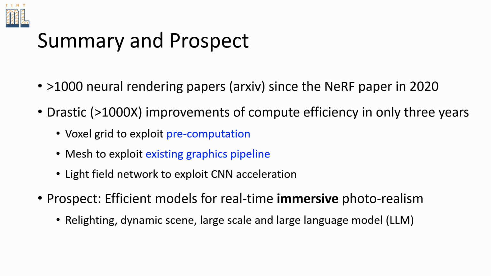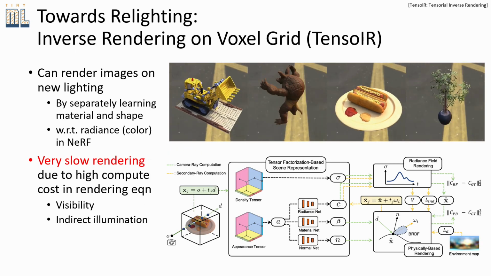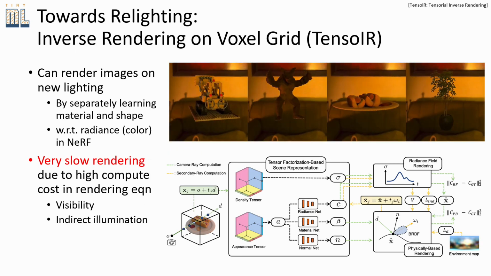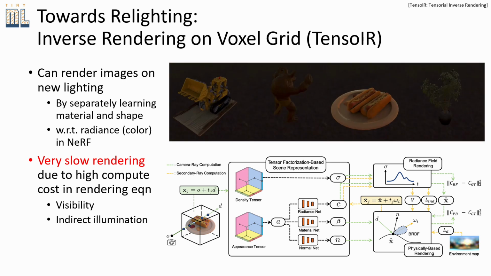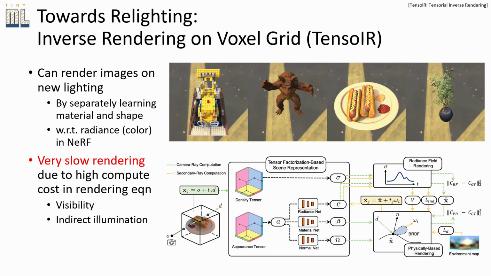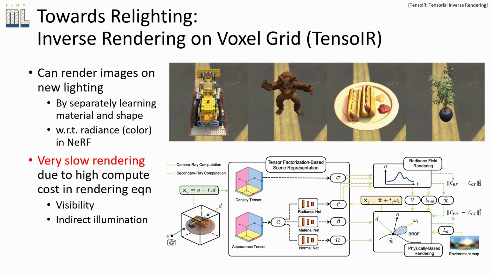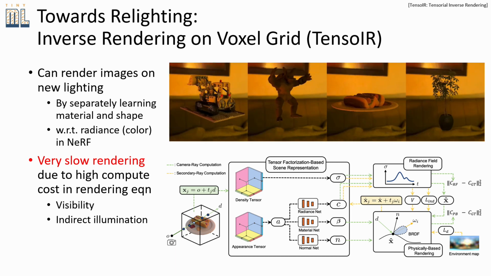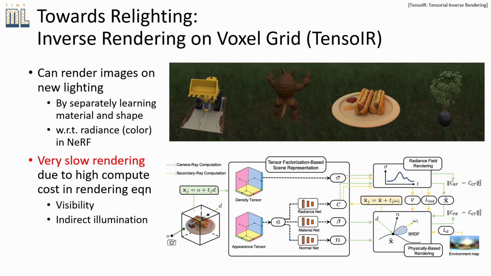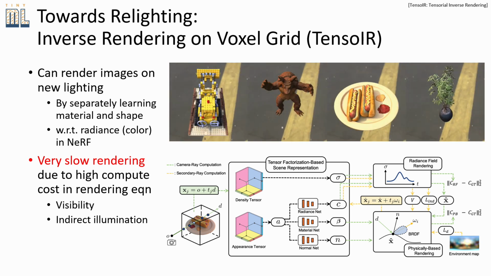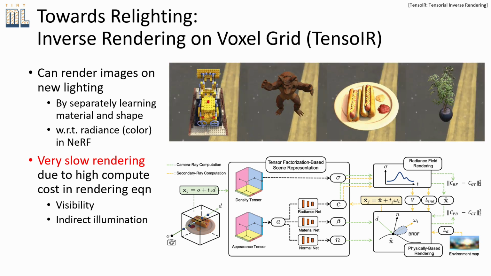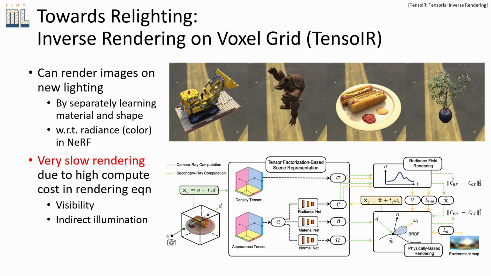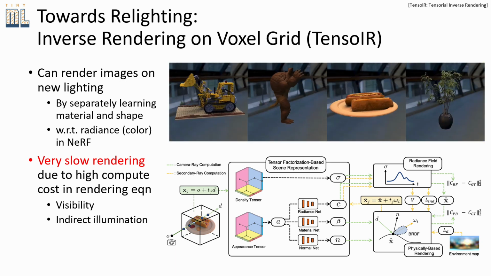So in these cases, you see different rendering depending on different lighting conditions, right? Simply speaking, in the original NeRF solution, we cannot support different lighting. But in order to support different lighting, we need to model surface material, and we need to be able to consider different lighting conditions and shadow and indirect illumination as well. But everything requires additional computation. So we have many orders of magnitude higher computation cost in this case.